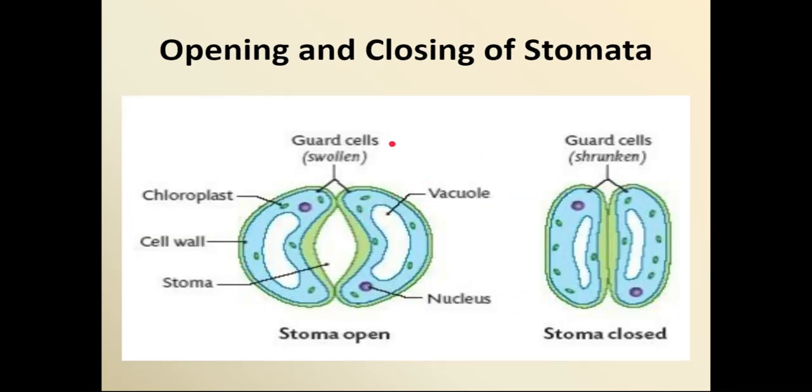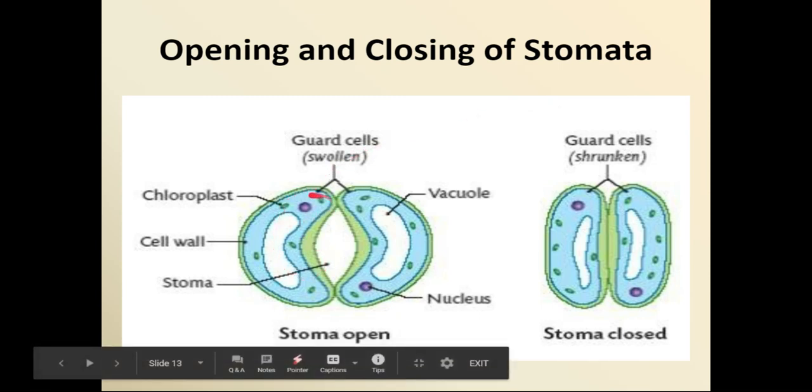Now there is the structure of stomata, referring to the opening and closing of the stomata. You have to recall the structure of a stomata from the slide you prepared in class ninth. These are the guard cells. You can see the bean, kidney bean shaped cells as guard cells.